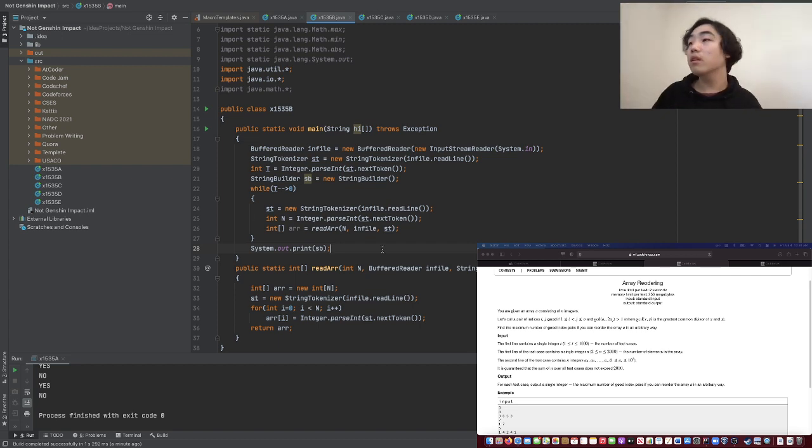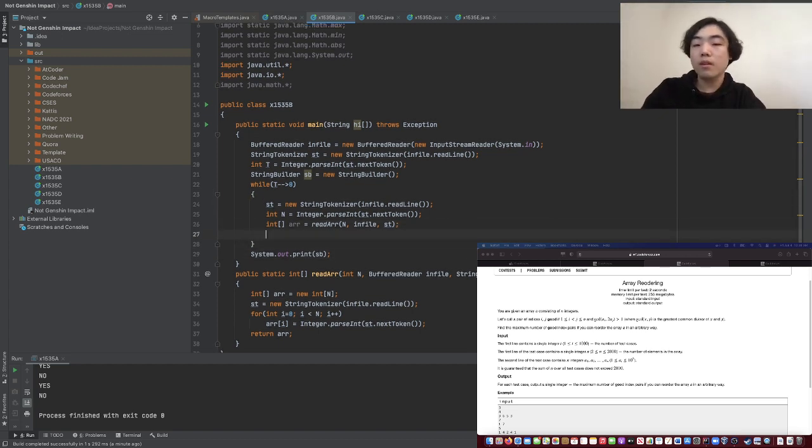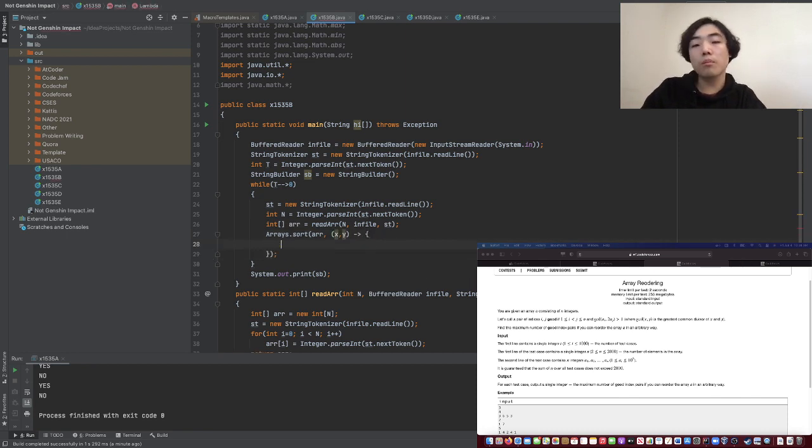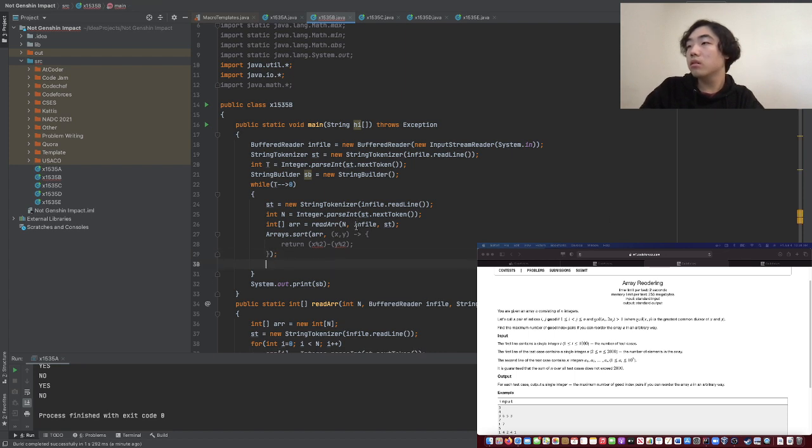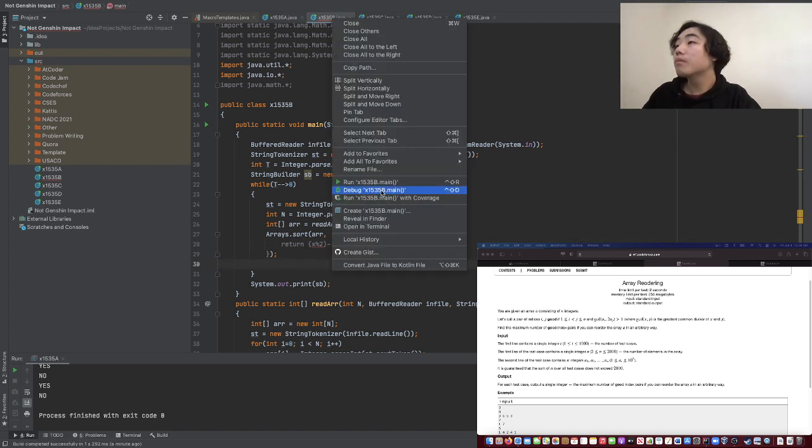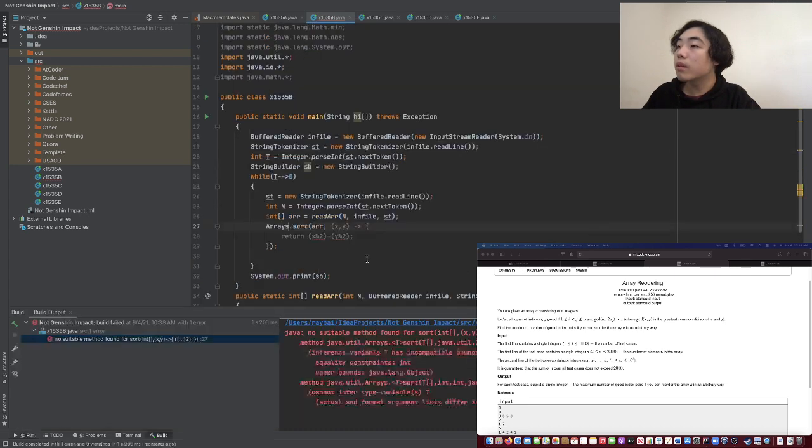So it's like we have an array. Yeah, we want to sort them even then odd. So it's like return x mod 2 minus y mod 2. What's wrong with this?